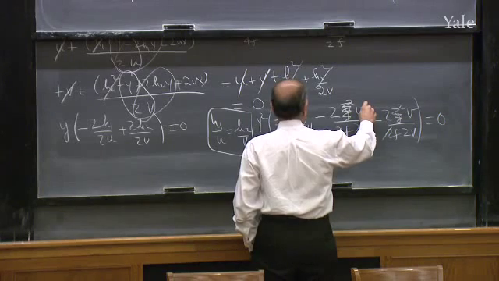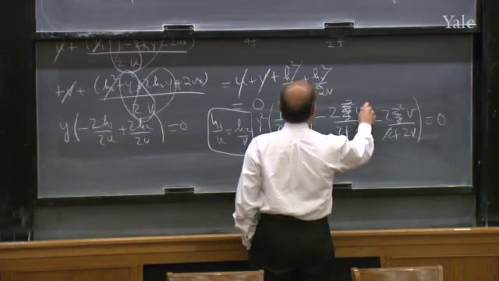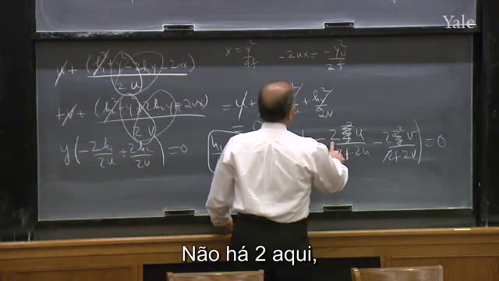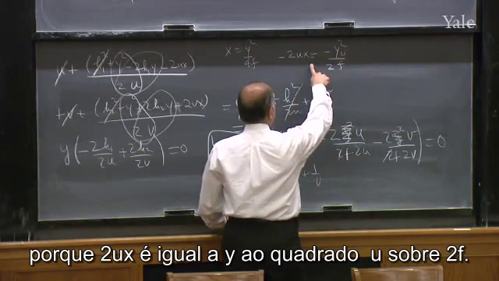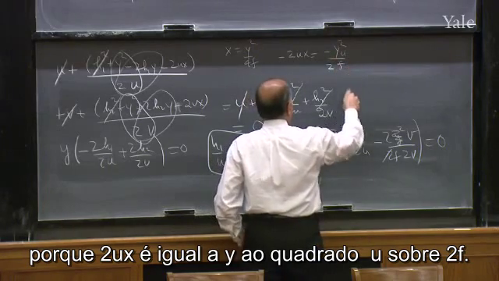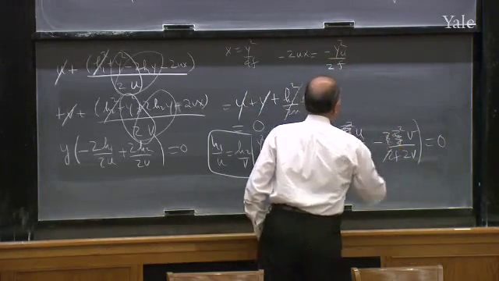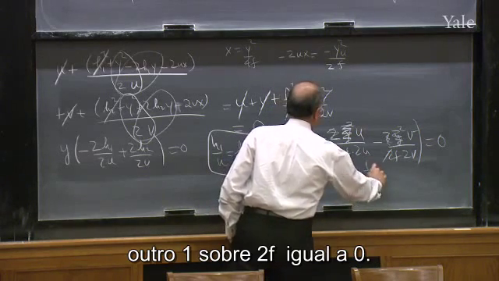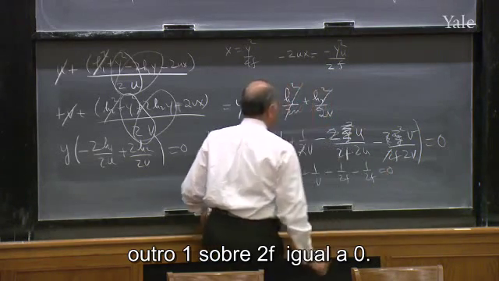This cancels. Let me see. There is no 2 here because 2ux is equal to y squared u over 2f. This 2 is not there. Sorry. This is all you have. So you get minus 1 over 2f minus another 1 over 2f equal to 0.